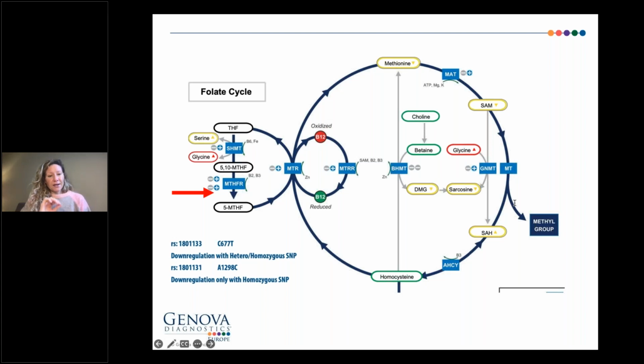As you can see, there is some explanation on the impact that either one of the SNPs can have on the left-hand side. Research shows that a heterozygous SNP on the C677T polymorphism can result in downregulation.